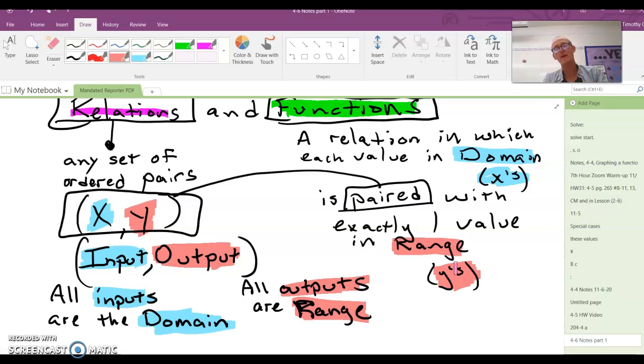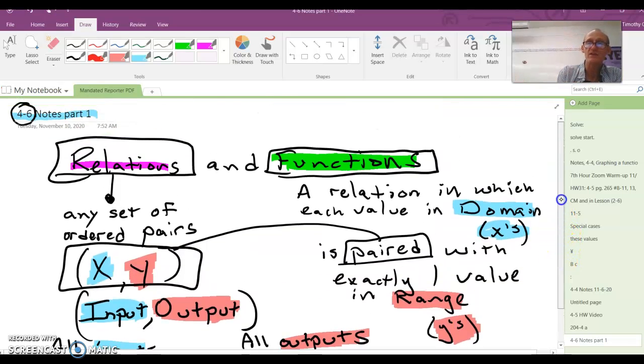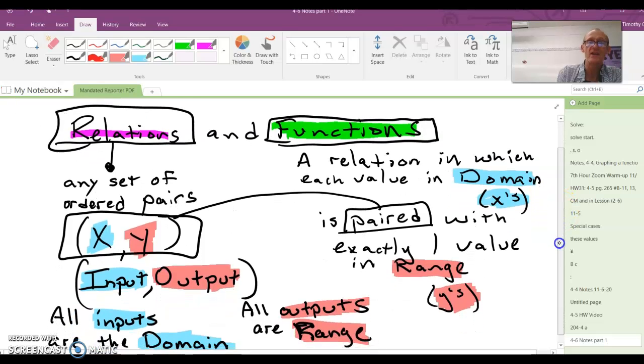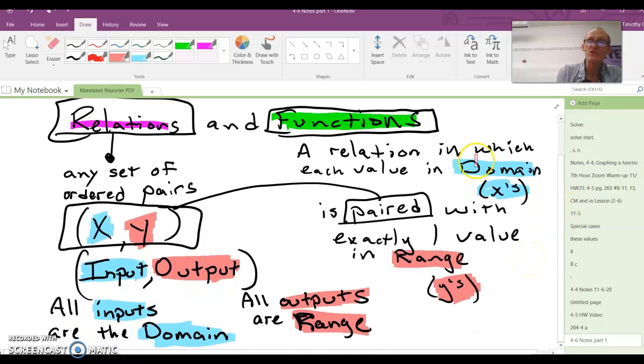We have to think about that with sets of numbers, because this is just all words: X, Y, range, domain. We have to make sure we understand this in context with numbers. So again, relations and functions is the concept here in 4-6.